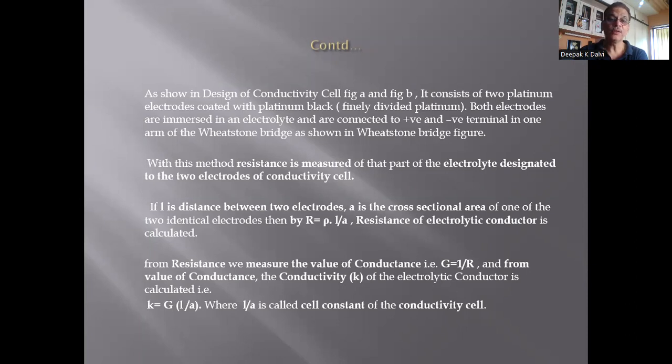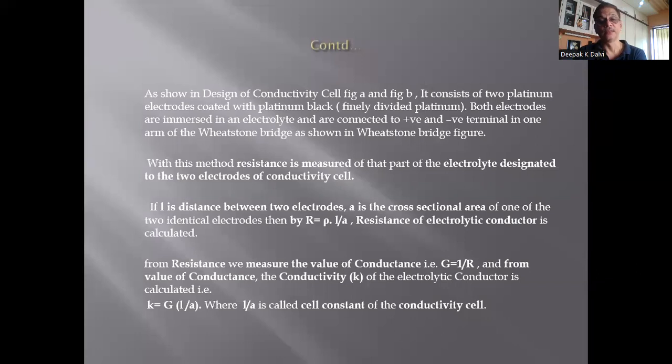And from the value of conductance, the conductivity of the electrolytic conductor is found. Conductivity, or specific conductance of a conductor, is G into L over A, where L is the length and A is the area.